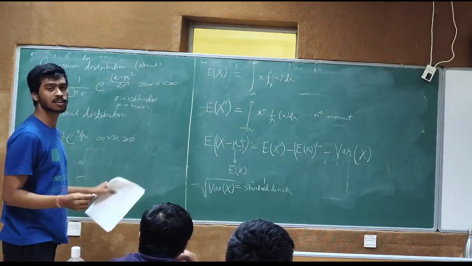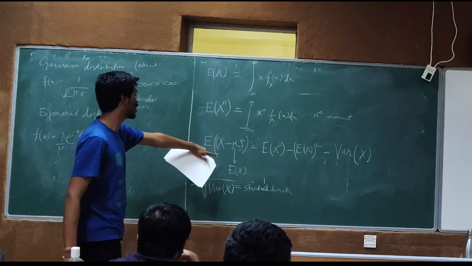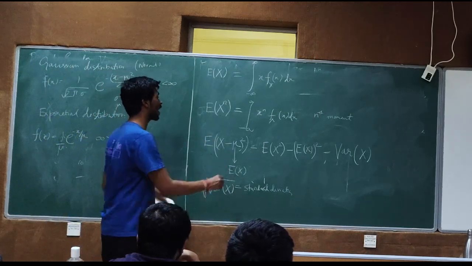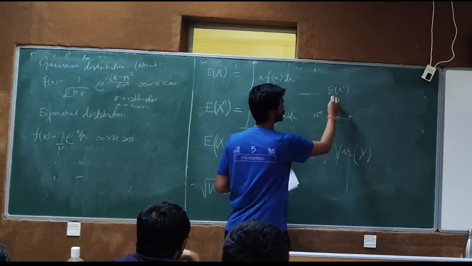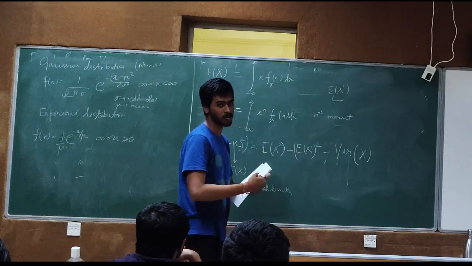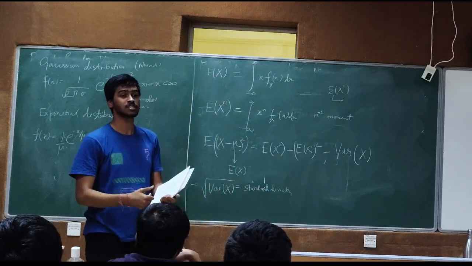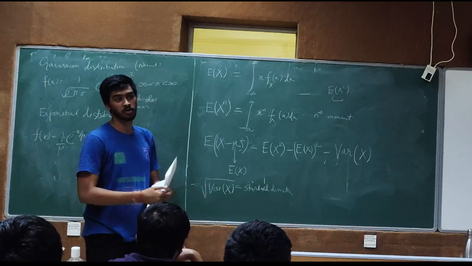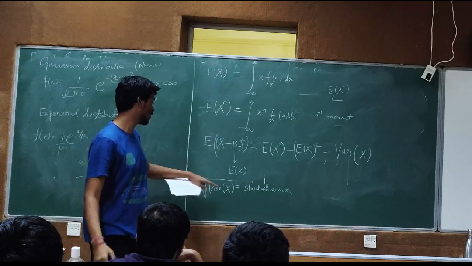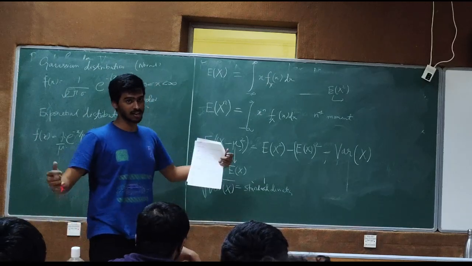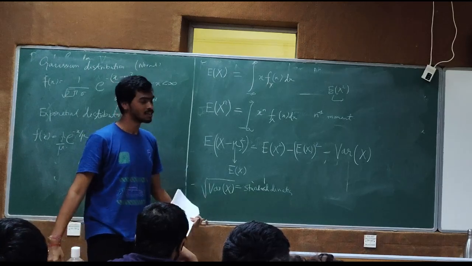The x squared moment tells you how spread out the distribution is. If your distribution is wide, you will have a larger value of this variance, and if your distribution is narrow, you will have a small value of this variance.